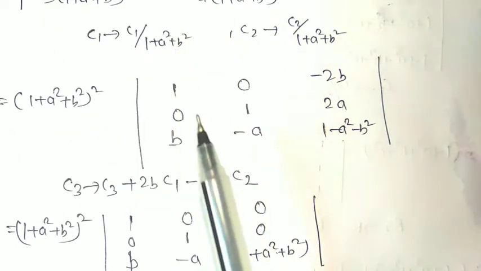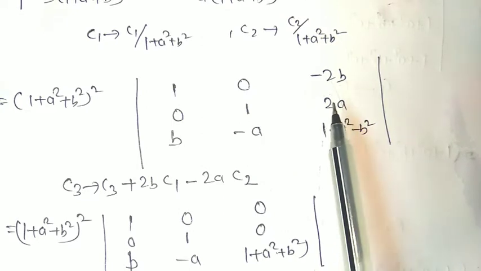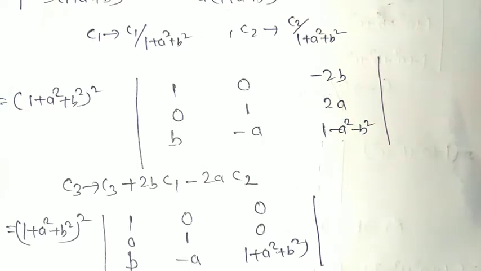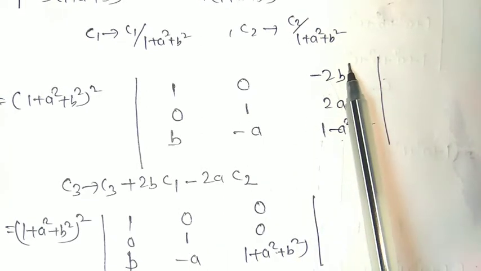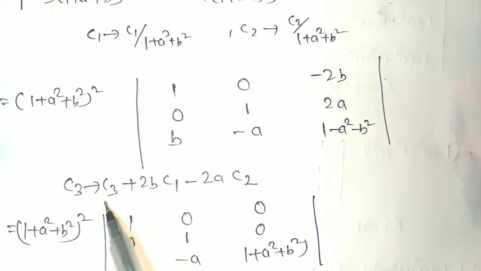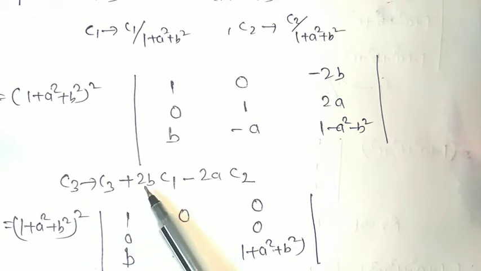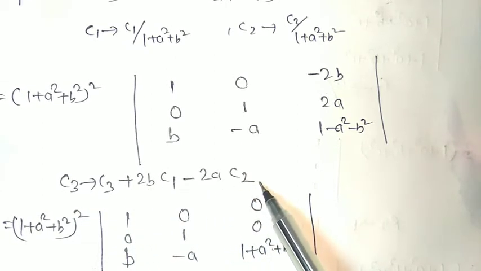Now the determinant will change into: 1, 0, b; 0, 1, minus a; minus 2b, 2a, 1 minus a square minus b square. Now we want to make zeros in column third, so we use the column operation c3 equals c3 plus 2b c1 minus 2a c2.